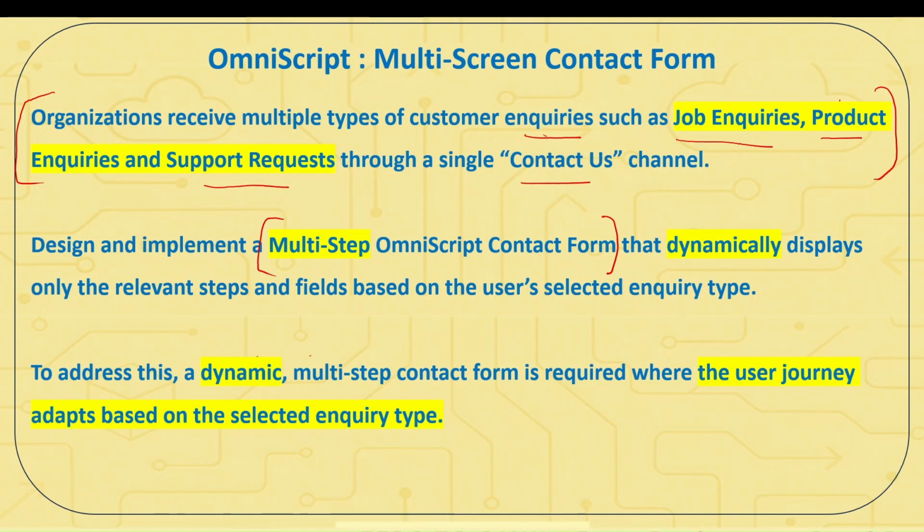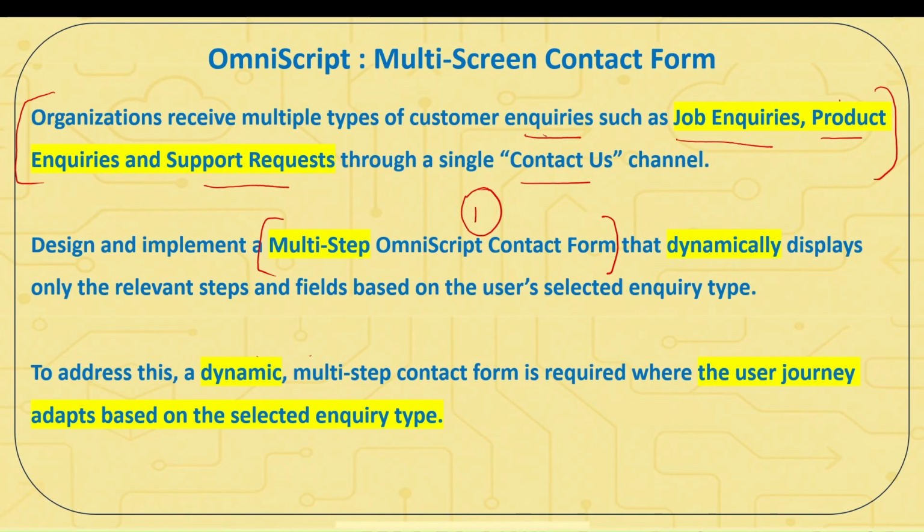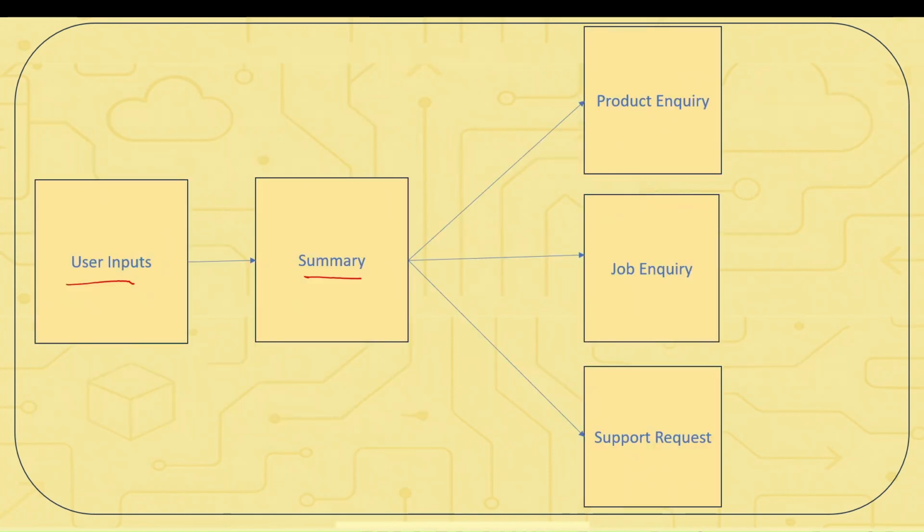The first step is to develop multiple screens of the contact form: first the user input, then a summary of whatever the user has input, and based on the selection of the purpose, whether the customer or end user is filling this form for job inquiry, product inquiry, or support request, it will be navigated to the corresponding screen.